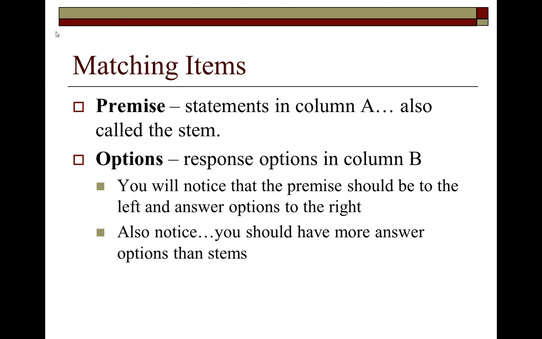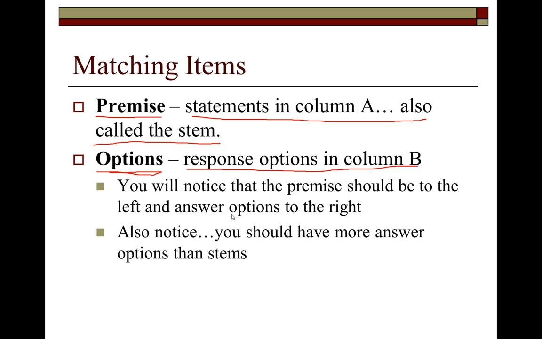And now we're going to put some terms for the column items. First of all is your premise. It's statements in column A, that's what we've just seen, and we also call them the stem. And then we have our options to match against our premise. It's the response items in column B, and you'll notice that the premise should be to the left of the answer, options to the right.